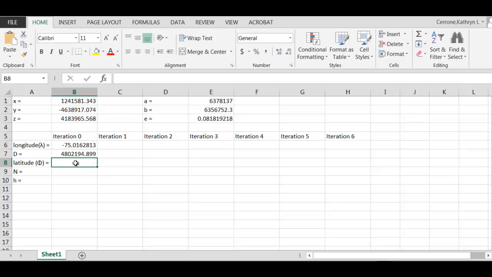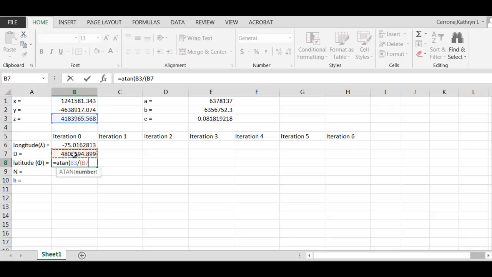Third step here, we are going to find our approximate first latitude, our iteration 0 here. This is equal to, again, that atan, parentheses, we want to grab z, and then divided by, again, we want parentheses for the denominator because there's multiple things multiplied down there. We want to grab d, and then multiply it by parentheses, 1 minus, and then we're going to go over here to e that we had calculated out to several decimal places, and then we want to square that.